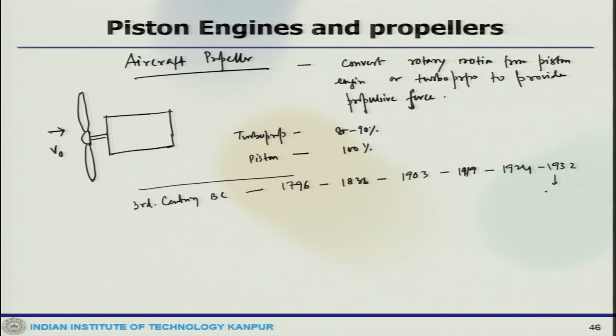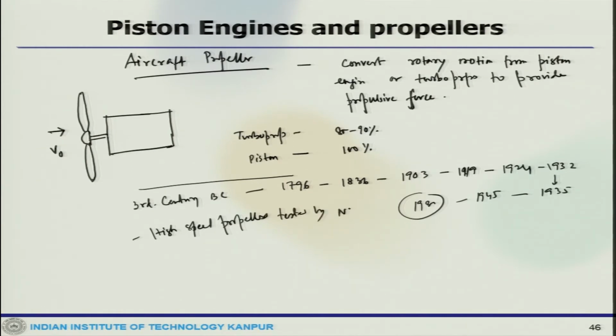1932, 35, 45 and finally 1980, around which time we have high speed propellers tested by NASA, propeller fans to power transport aircraft.